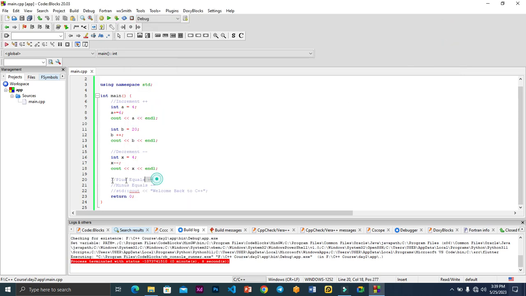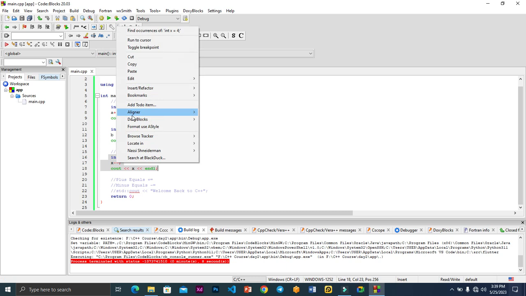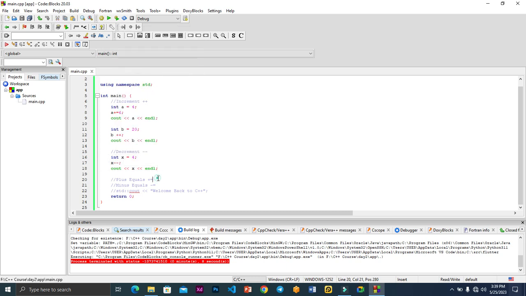So I talked about the plus equals and then minus equals earlier, where we can do the assignment with either adding or subtracting. So we can have x plus equals the number of times you want to increase it.